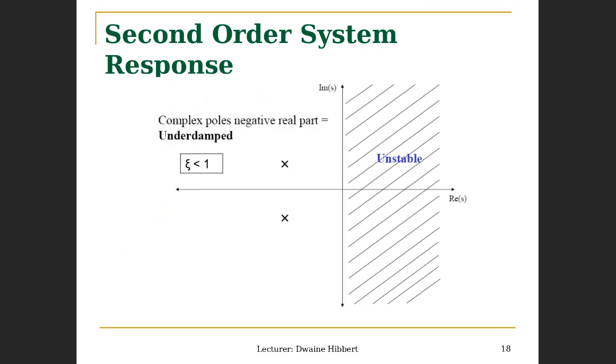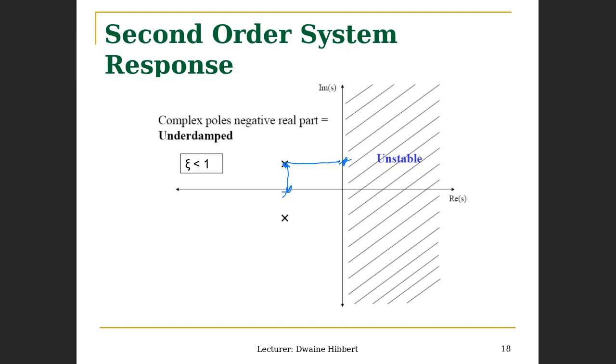Now let's look at the poles first. The poles have both complex and real parts. So the coordinates for this point have imaginary components as well as real components, and there are two poles.